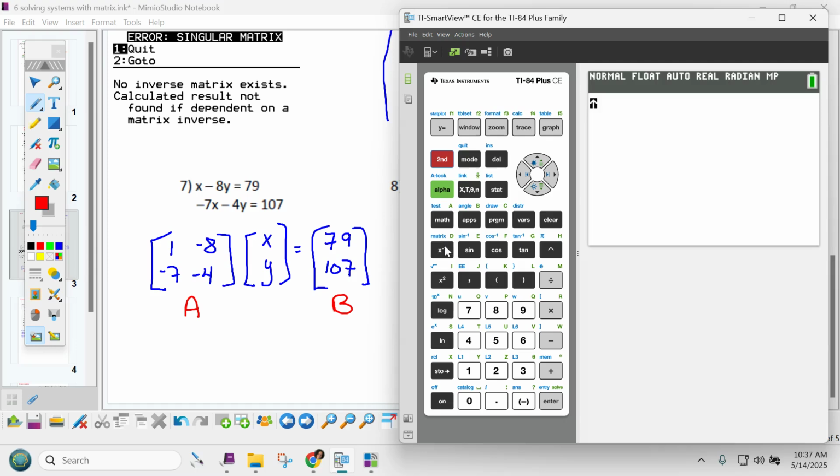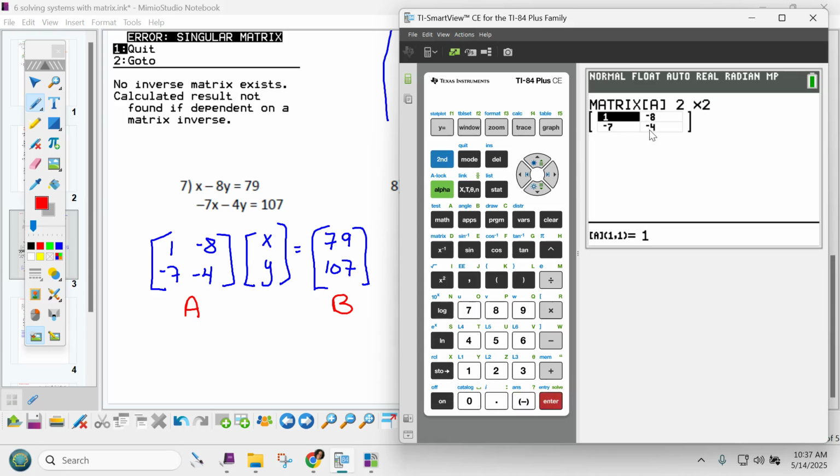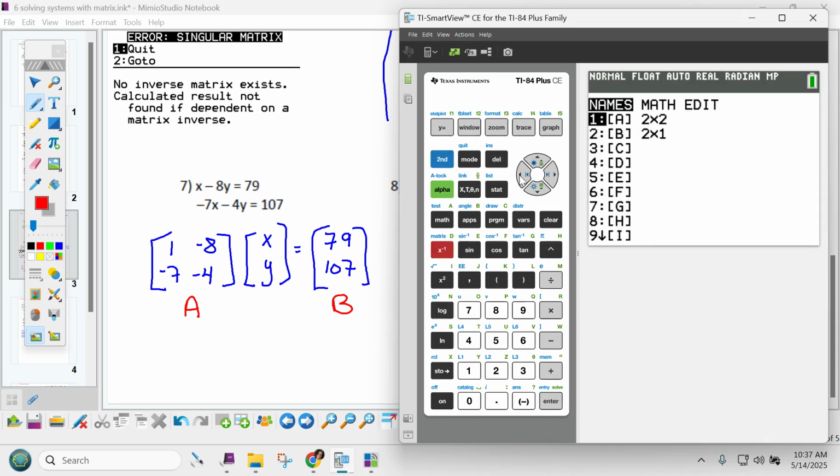Second matrix is over here next to the sign button. Arrow to the edit spot, and matrix A, I have to type in the numbers, press enter in between each entry, especially that last one to lock in the last number. Go back into matrix, edit, and now we're going to edit matrix B.